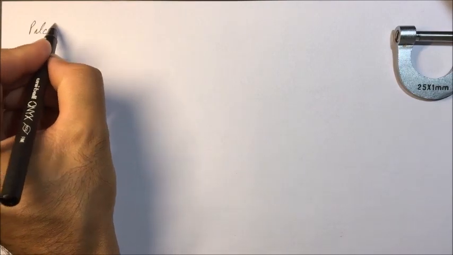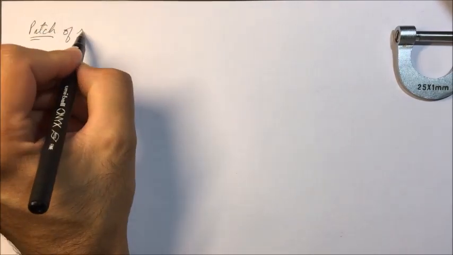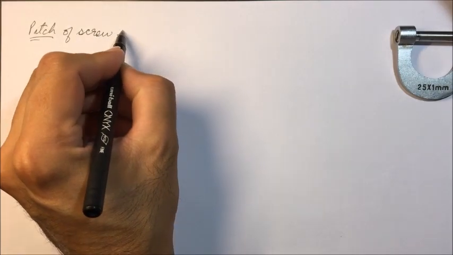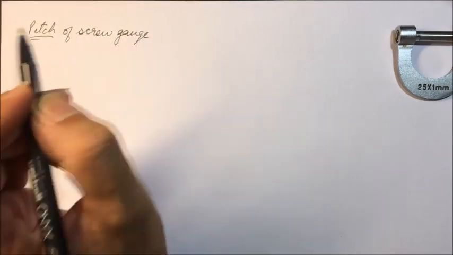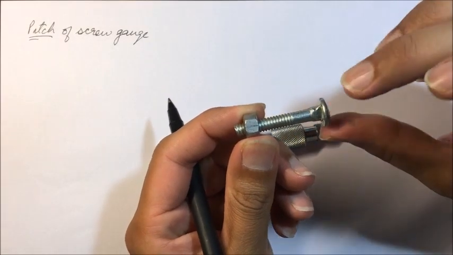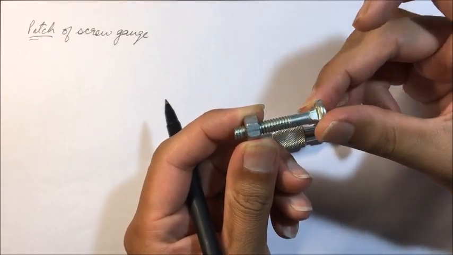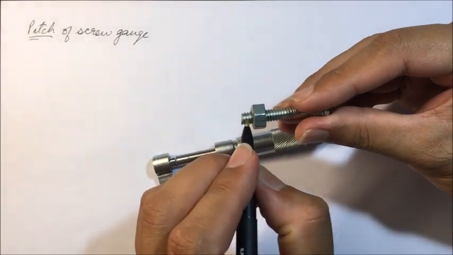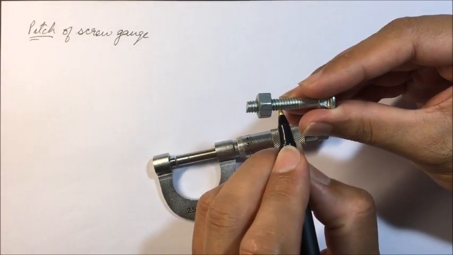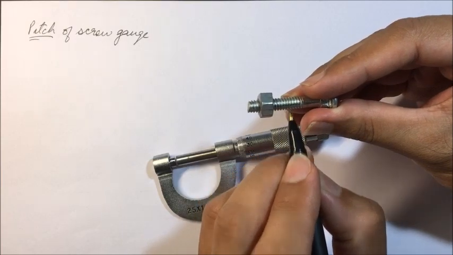Now we will be discussing pitch and least count. First we discuss the pitch of the screw gauge. As you have seen with the screw, when we provide one complete rotation to the screw, the distance moved linearly is called the pitch of the screw. The pitch of the screw is the distance between two consecutive threads.